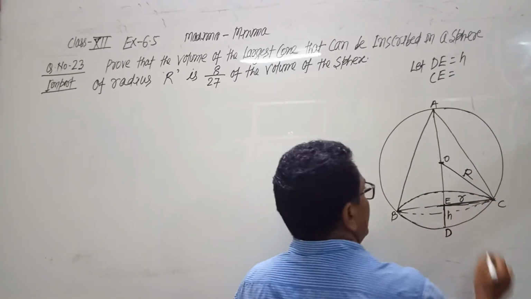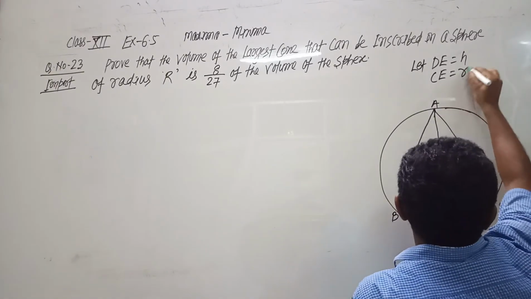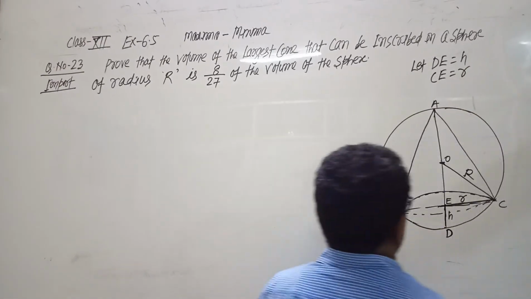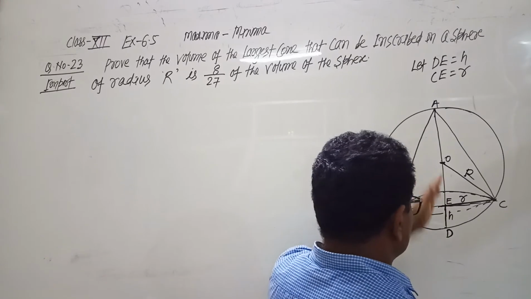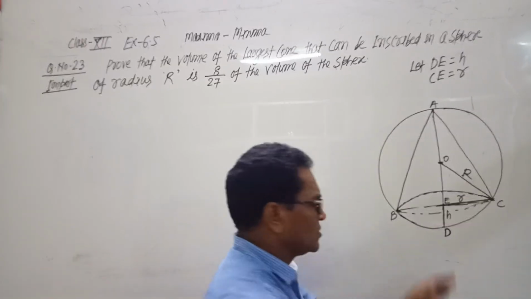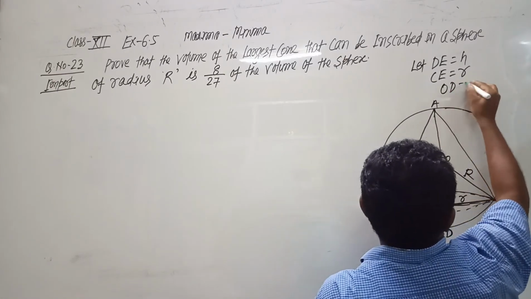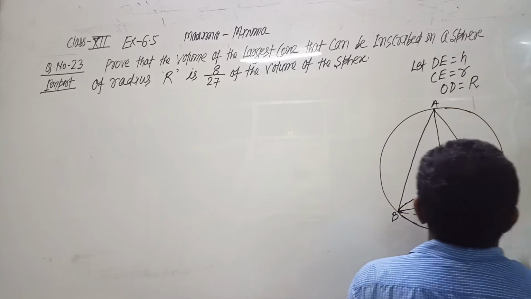CE is the radius of the cone, which is taken as small r, and OD is also the radius of the sphere, equal to capital R.